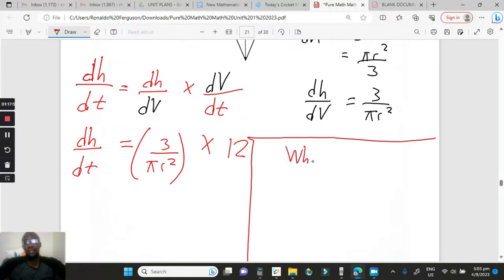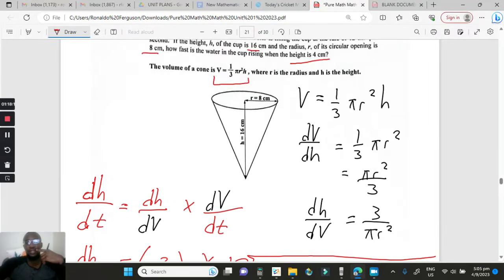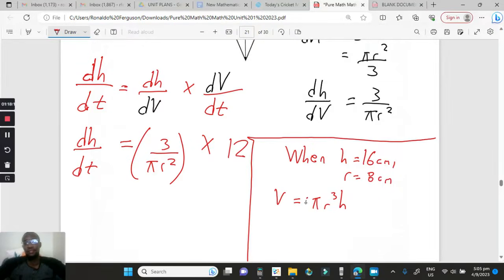The volume is 1 over 3 pi r squared h. Let me go back and look at it. Yes, 1 over 3 pi r squared h.